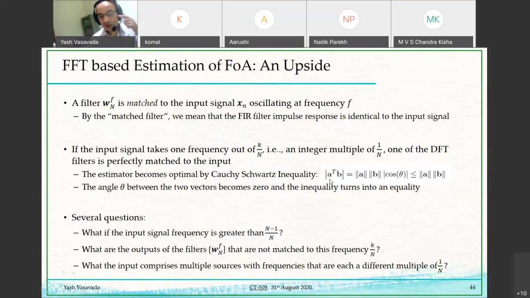In what sense will it be optimal? It will be optimal in the sense of the Cauchy-Schwarz inequality. You can't get any output which is stronger than the output that you got by using this filter.